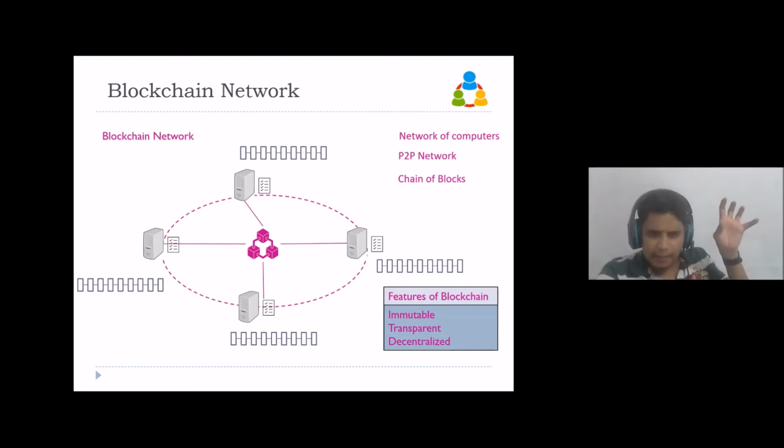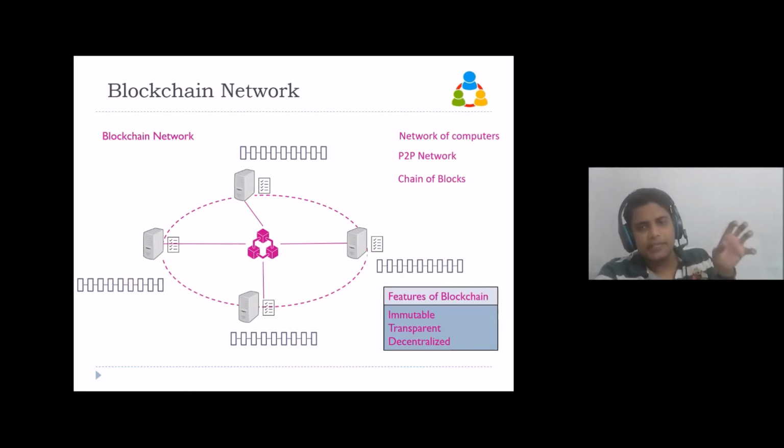Of course, there will be multiple copies of that centralized server, but all of them will be managed and administered by the government or whoever manages the server. It is called a centralized server.